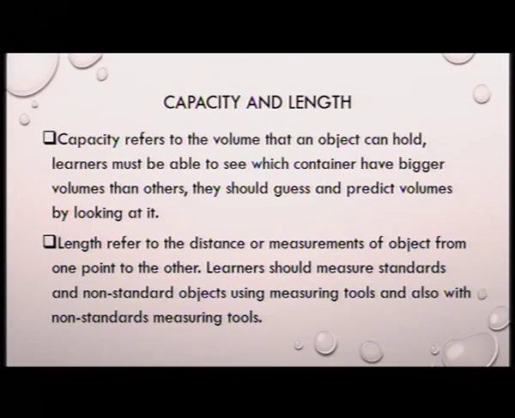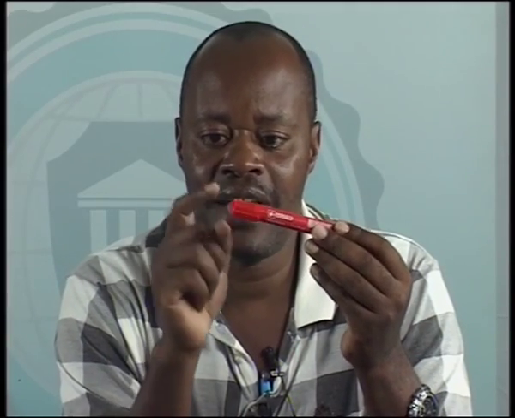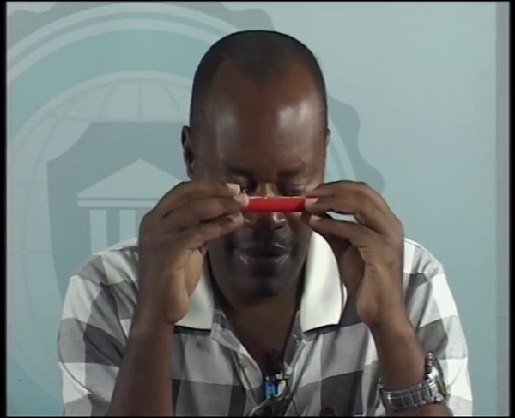Learners should measure standard and non-standard object using measuring tools and also with non-standard measuring tools. In other words, standard object is objects that you can measure and they are measurable. For example, I can measure the volume of this pen. If I have the length, the diameter, the radius and so on, I can measure the volume of this pen.